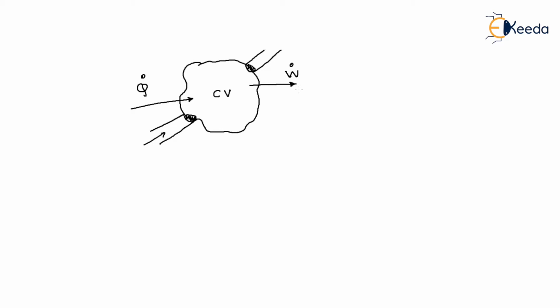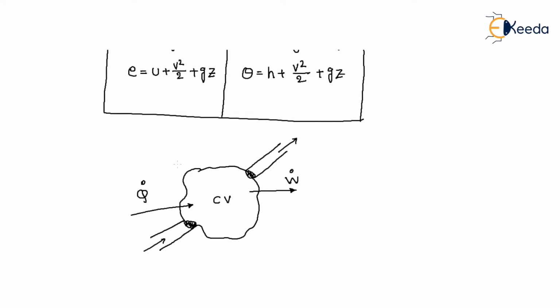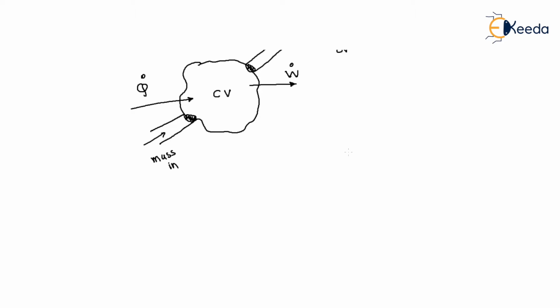So there is mass into the control volume, and this is your mass out from the control volume. Along with mass in or mass out, this is mass and this is your energy.